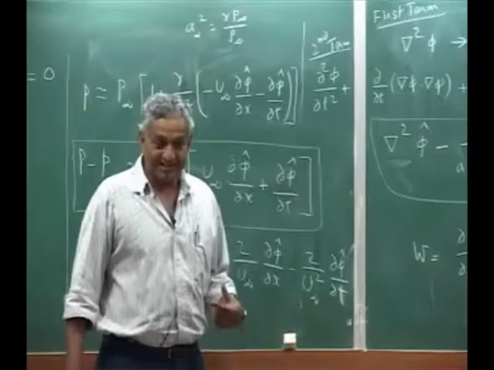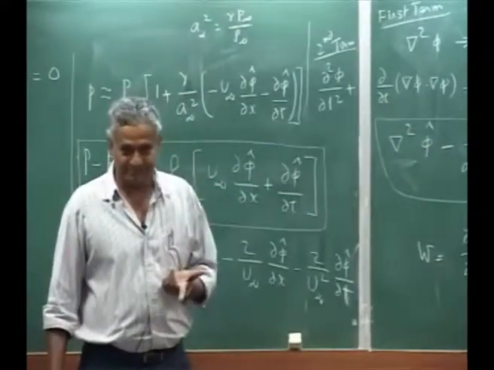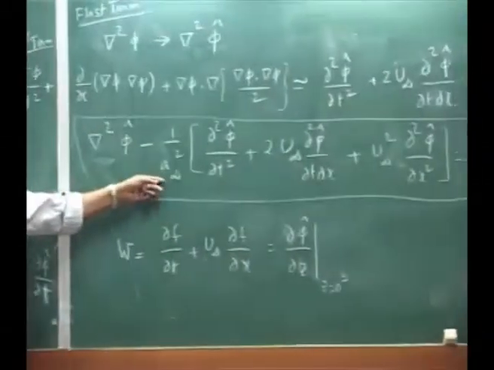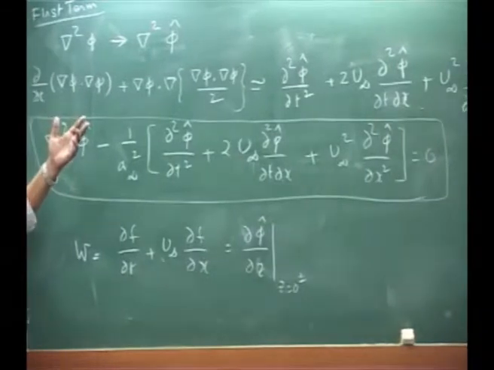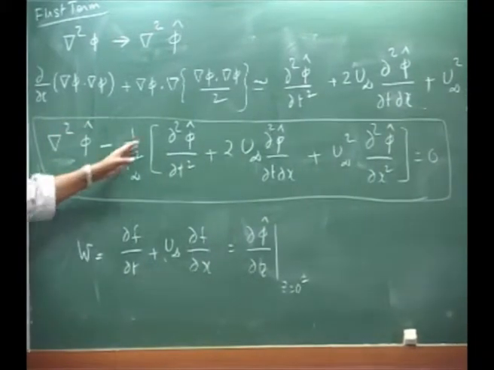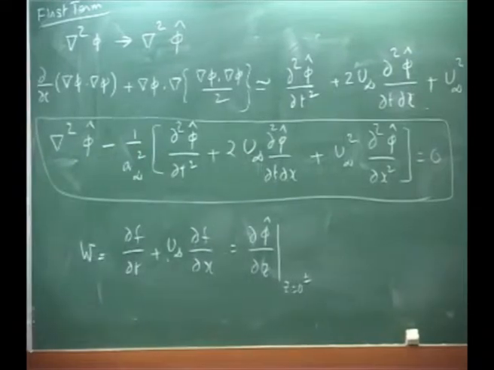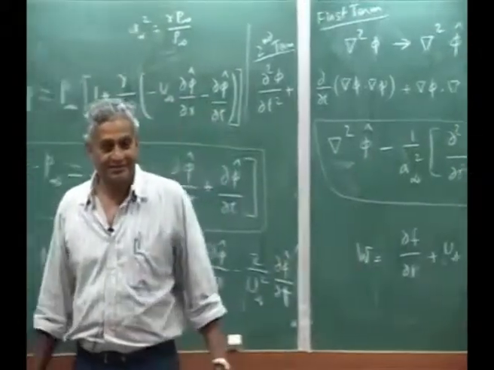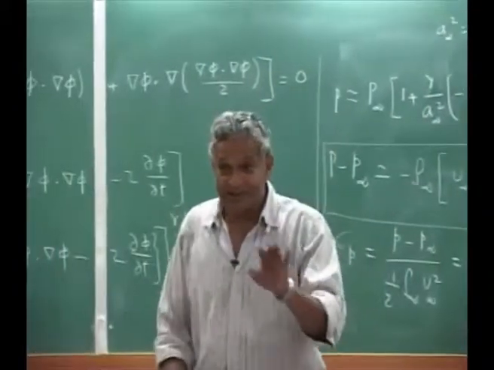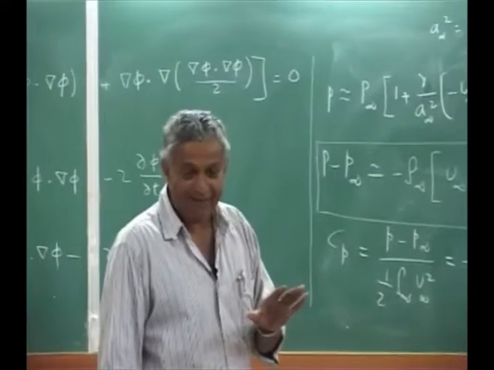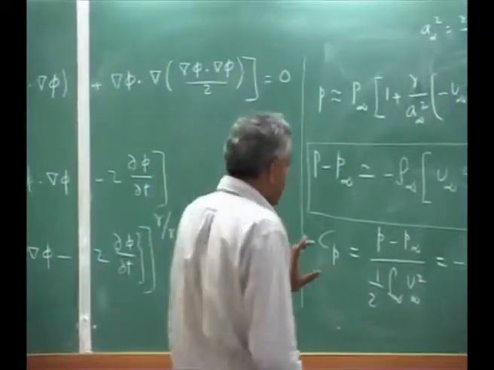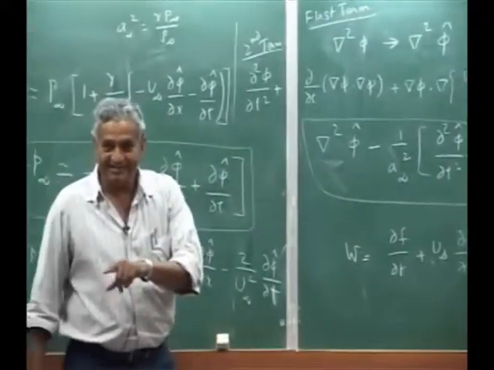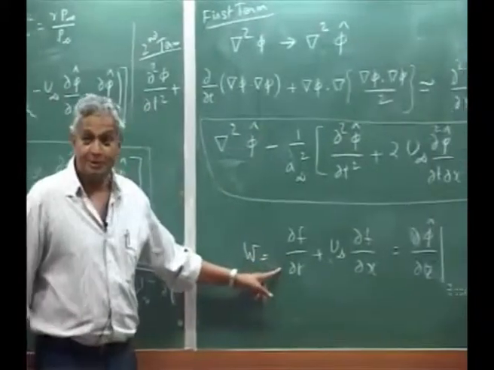But then if you see incompressible, that means you are going to say A infinity is very large. So this term goes to 0. I am left with just a Laplace equation, del square phi equal to 0, whether it is a steady flow or an unsteady flow. Please understand, the equation is the same. Now the steady or unsteady depends only on the boundary condition.